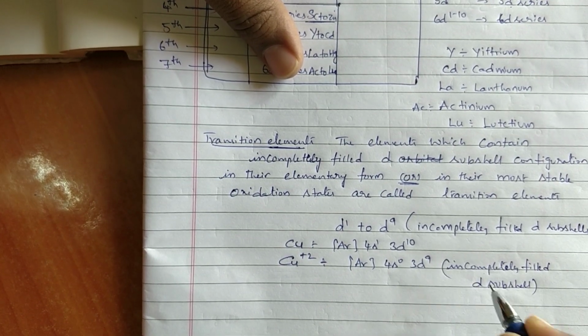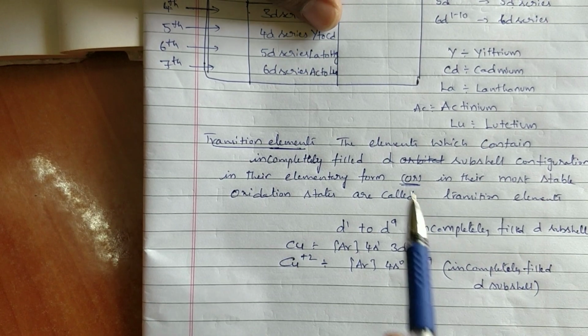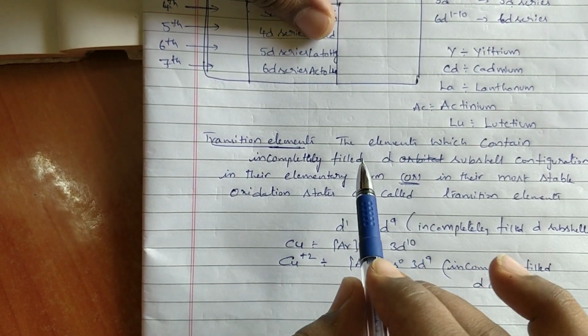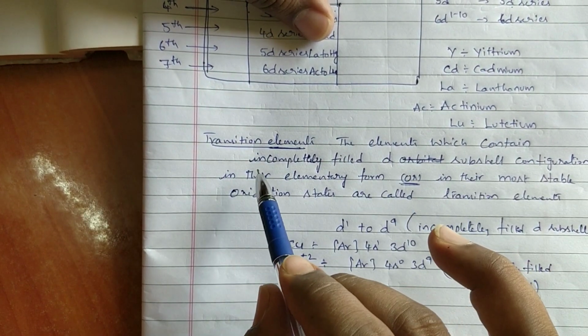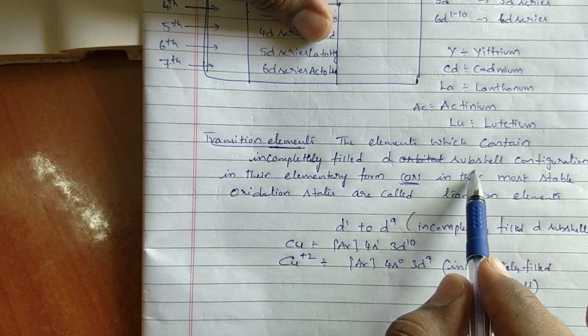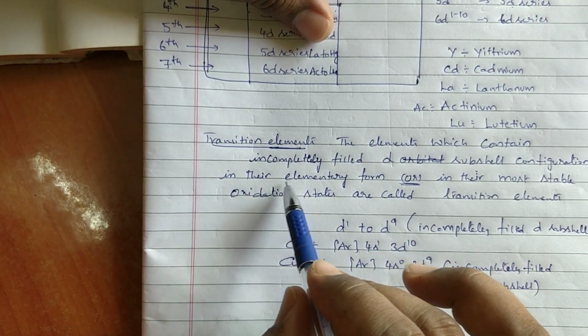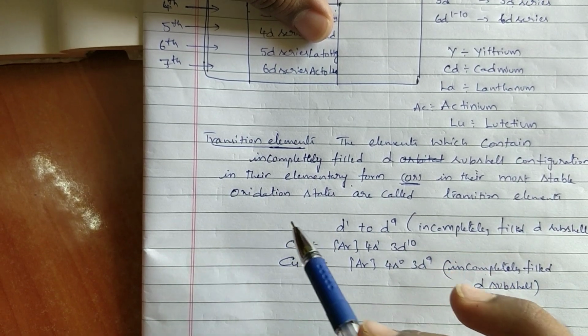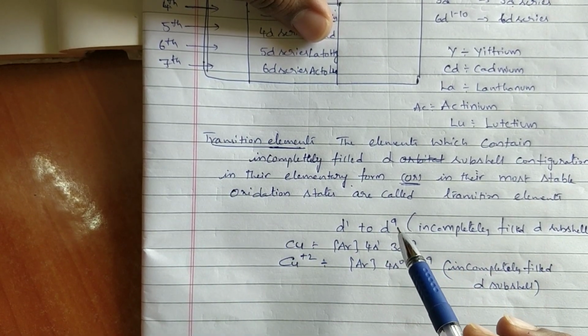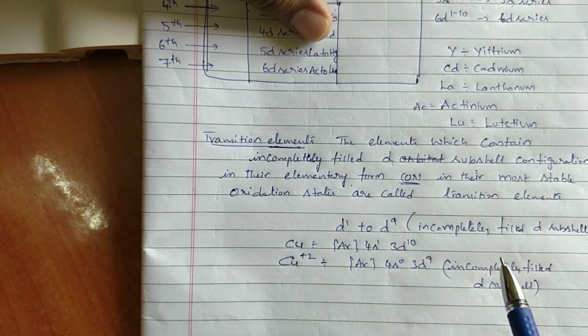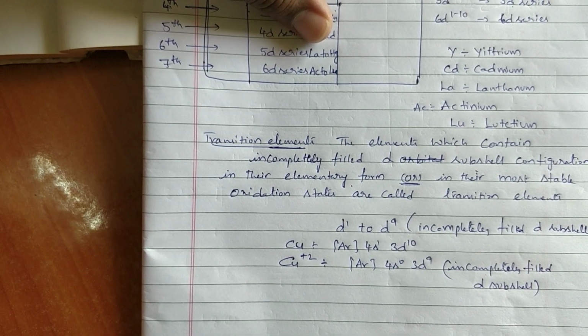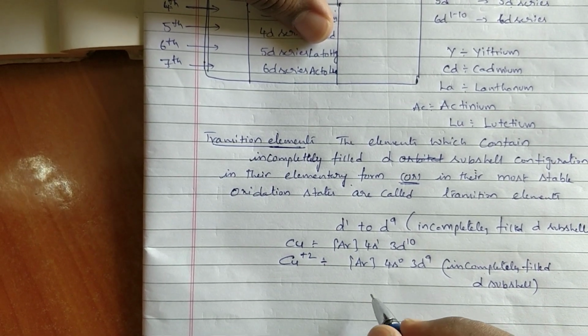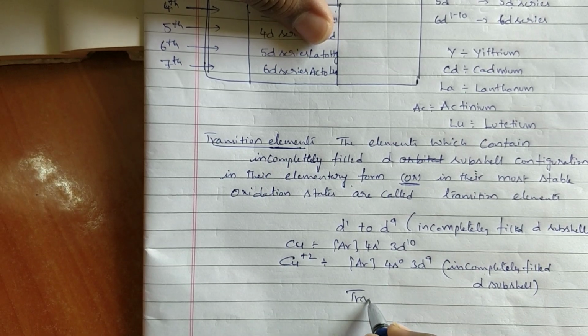So what is the definition? Transition elements or metals are the elements which contain incompletely filled D subshell configuration in their elementary form or in their most stable oxidation states. In any one form, if they have an incompletely filled configuration, immediately we say those substances or metals are called transition metals.